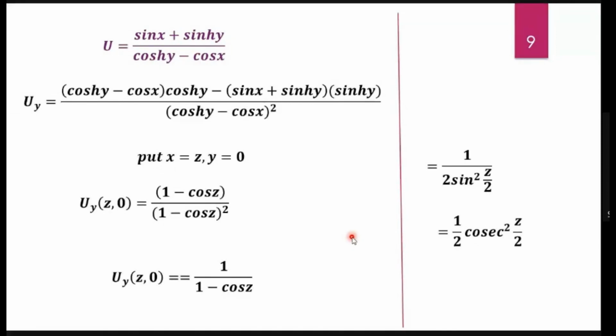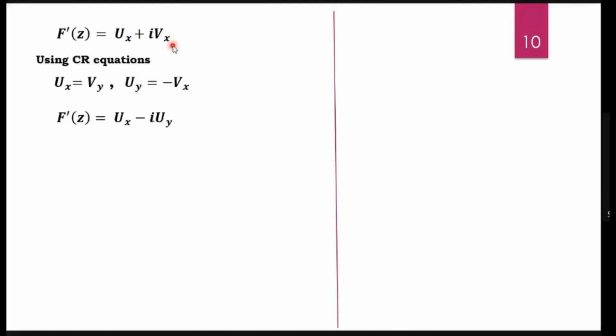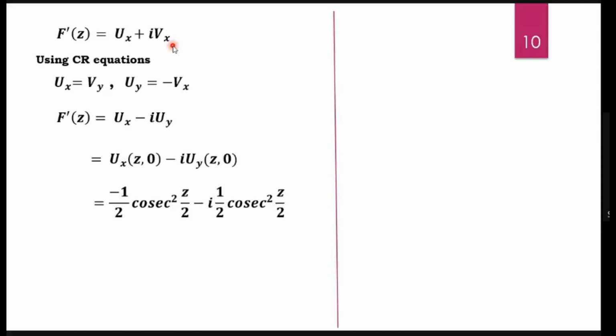Substitute everything in f dash of z. So f dash of z again ux plus ivx. We cannot keep it in the same form because ux और vx हमें नहीं पता है. हमें खाली ux और uy पता है. That is why we are converting vx to minus uy and then substituting for ux and uy.